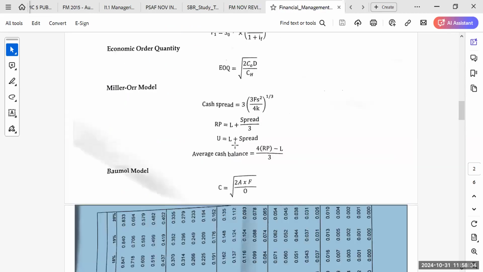The U over here is the upper limit. So you can come here and quote this one, or if you have it in your head, that is fine.